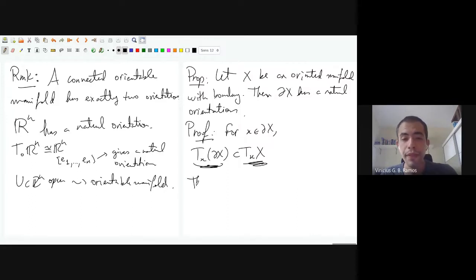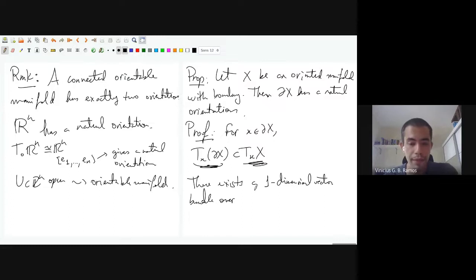So there exists a one-dimensional vector bundle over the boundary of X, which I'm going to call N, such that N_x plus T_x of the boundary is equal to T_x X. So you can always find a one-dimensional bundle satisfying this property.